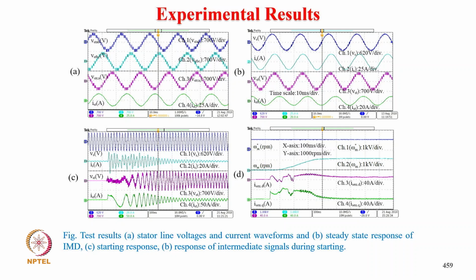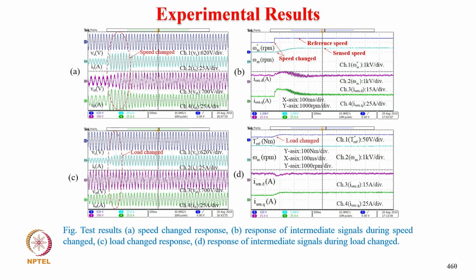And this is typically the test result for starter line voltage and typically 3-phase starter line and the motor winding current, and typically starting response where you have motor voltage, motor current, supply voltage, supply current, and the response of intermediate signals. Typically you have a reference speed, then your estimated speed, and your D axis and Q axis current during starting.